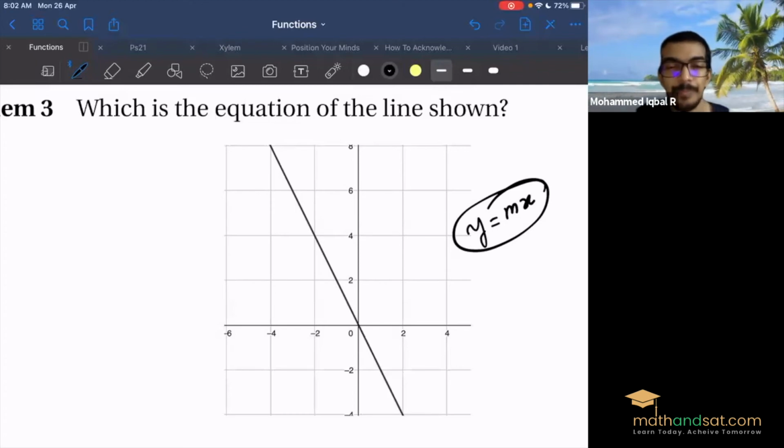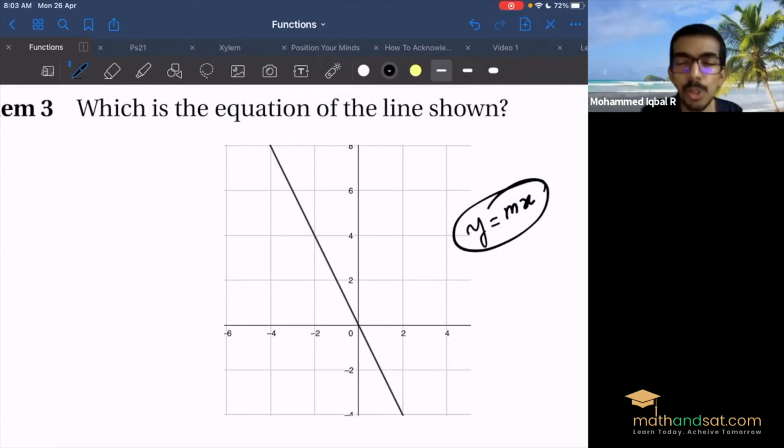What is the physical meaning? y is equal to mx represents a direct variation. You get 1 chocolate for $2, 2 chocolates for $4, 3 chocolates for $6, and for 0 chocolates, what is the amount you have to pay? It's $0, right? So when the input is 0, the output is also 0.